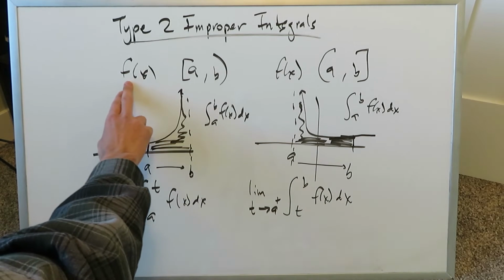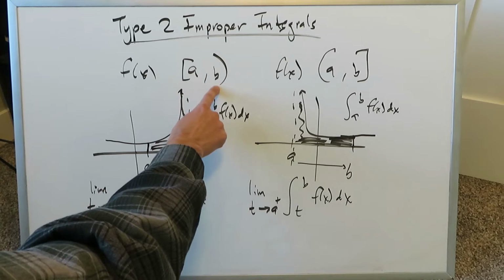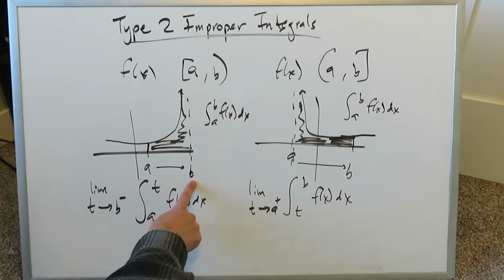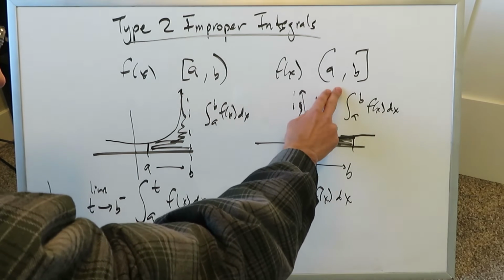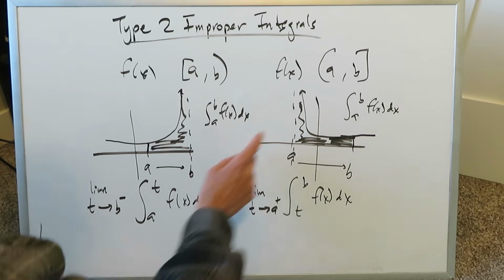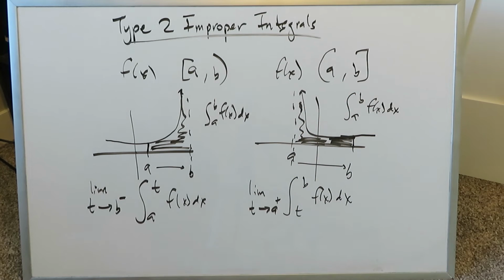You can say this is a function which is continuous from a to b, but it has this discontinuity at b. You can say here that this function is continuous from a to b, but it has this discontinuity arising at a. In both cases, of course, you can end up with a situation of convergence. You could end up with a situation of divergence. One would not truly know until they actually calculated this through to see what type of outcome we have.